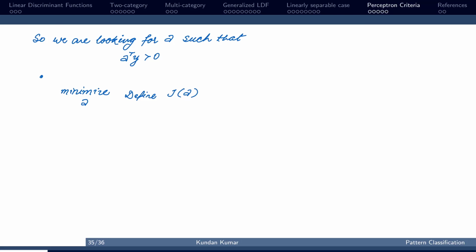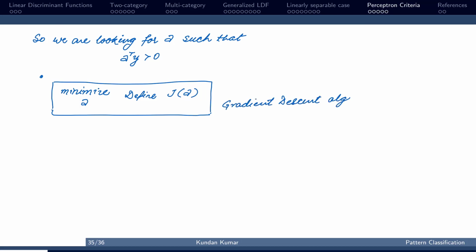So this is the criteria function that we have defined and we are trying to minimize it. This type of problem can be solved by the gradient descent algorithm. Now try to understand what the gradient descent algorithm is. The idea is very simple to understand. First we will understand the idea, then we will see the exact algorithm.